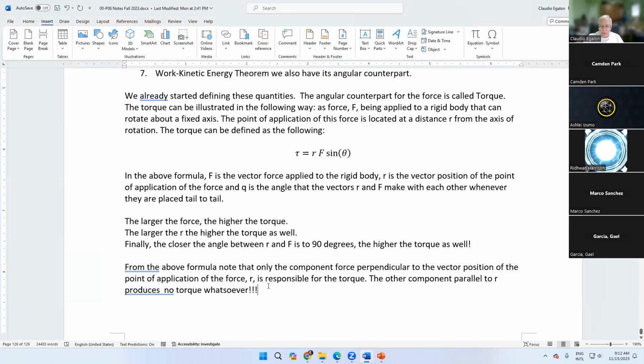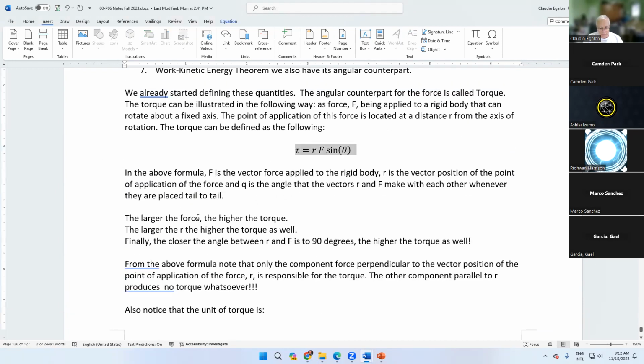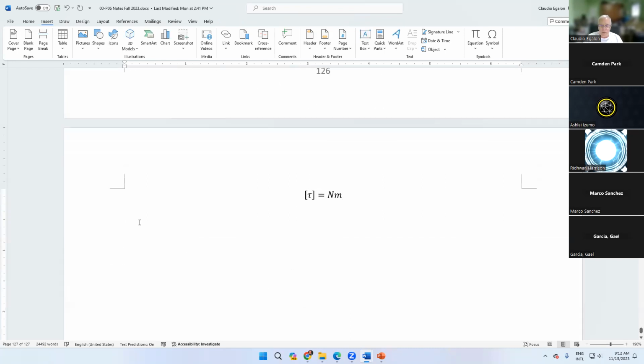Note also that the unit of torque is, what's the unit of torque? The unit of torque is going to be the unit of force times the unit of distance. It's going to be Newton meter. Do not confuse.